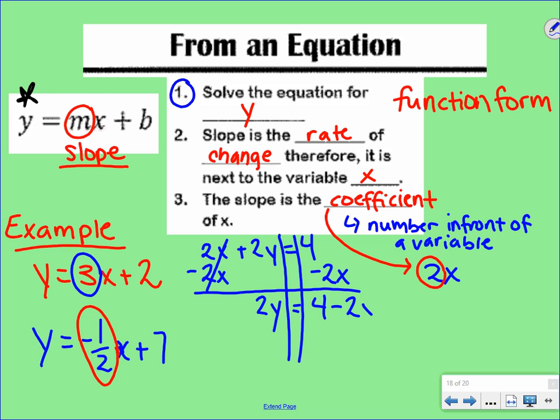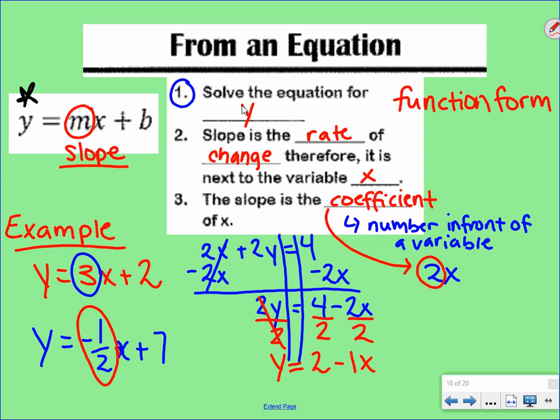Last step is to divide everything by 2 to get y all by itself. So we have y equals 4 divided by 2 is 2, minus 2 divided by 2 is 1x. So we have the equation y equals 2 minus 1x. Now circle your slope.